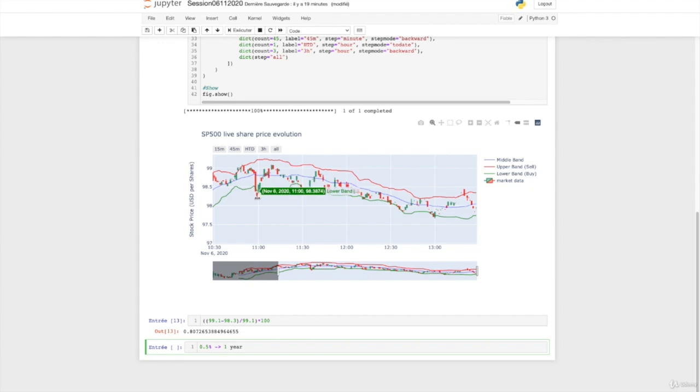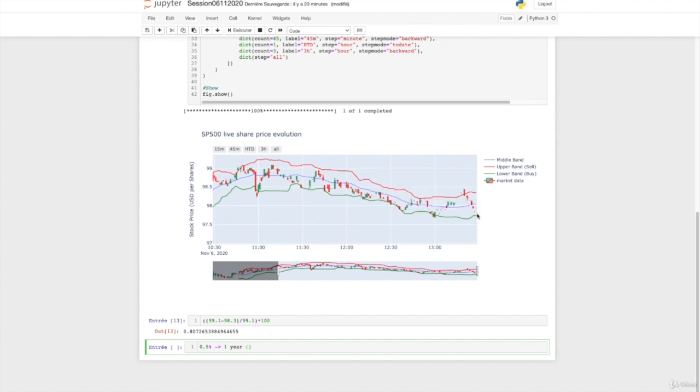Again, if you have bought your shares at 98.3 and sold them when you went close by the higher band, that's the return, compared to if you put your money in the bank in France. And that's working exactly the same. For instance, again, if you bought your shares at 97, you sell when you hit a higher band.